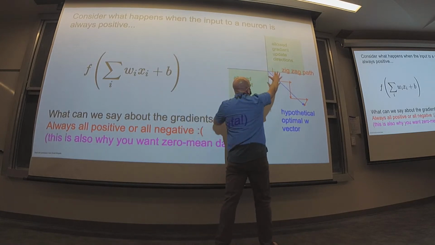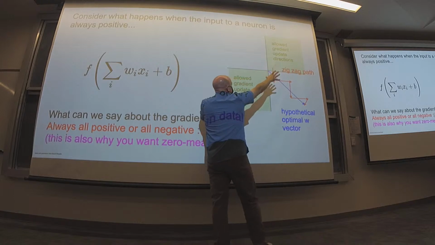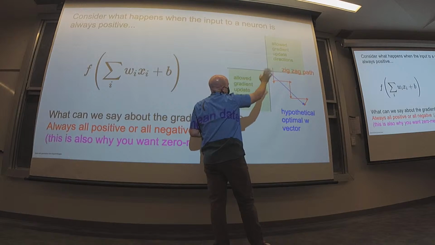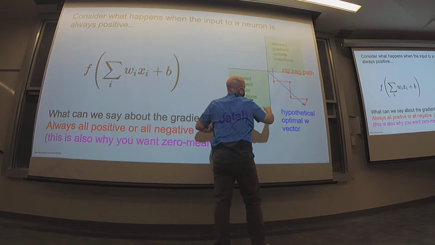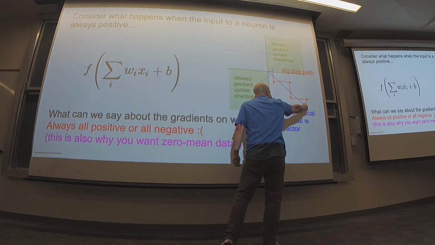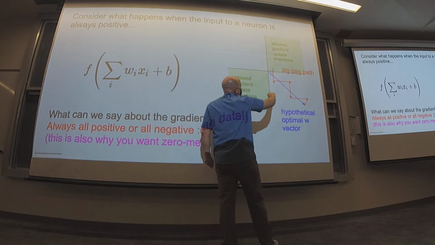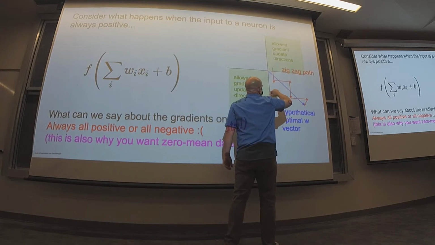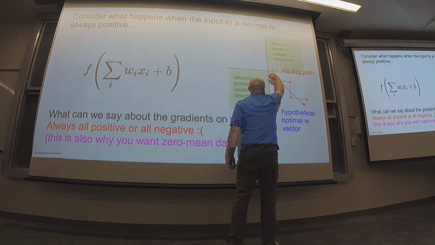So what we're showing here in this picture are the arrows for the actual possible gradients, where everything's positive or everything's negative. If this were the correct direction to go, you couldn't actually compute a gradient like this. The best you could do is move in this kind of zigzag pattern.